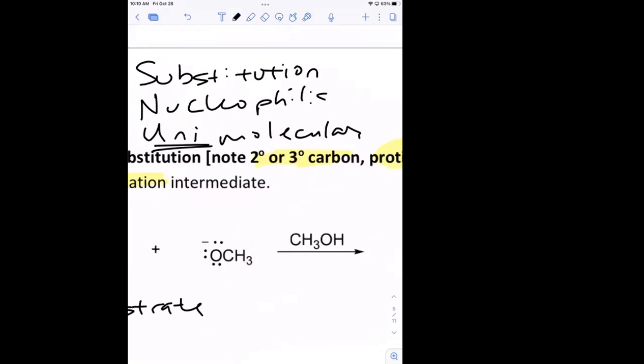What did bimolecular mean? Where are there two things in that mechanism that make it bimolecular? Good. Two things in the rate determining step. So unimolecular means there's one thing in the rate determining step. We're going to talk about that and the rate law and the energy diagram.